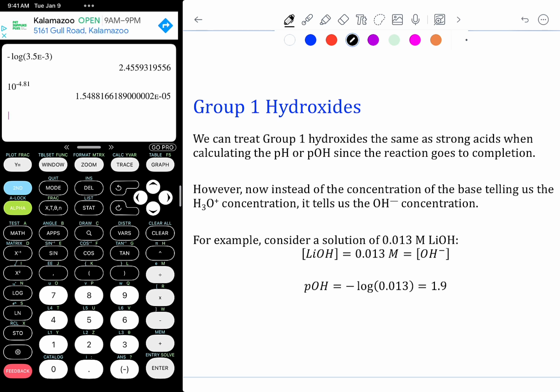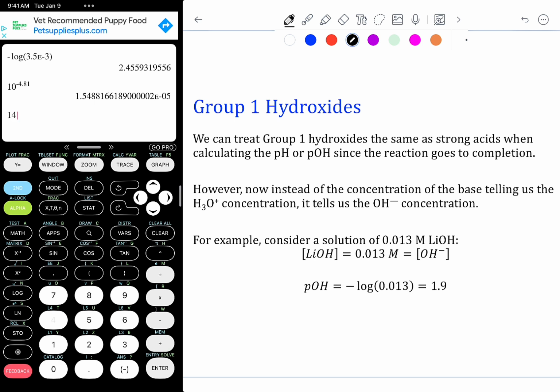So for example, we have a solution of 0.013 molar lithium hydroxide. So our lithium hydroxide concentration is equal to 0.013, meaning that our hydroxide ion concentration is also equal to 0.013. If we know the OH minus concentration, we know the pOH by plugging it into negative log of 0.013, and we get that the pOH is equal to 1.9.